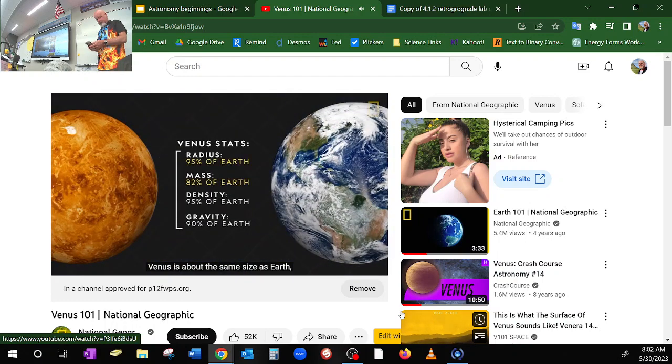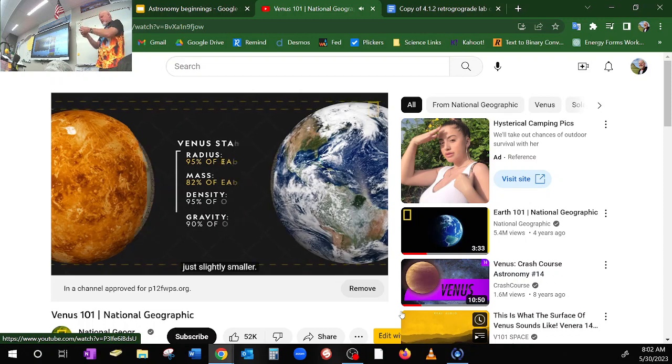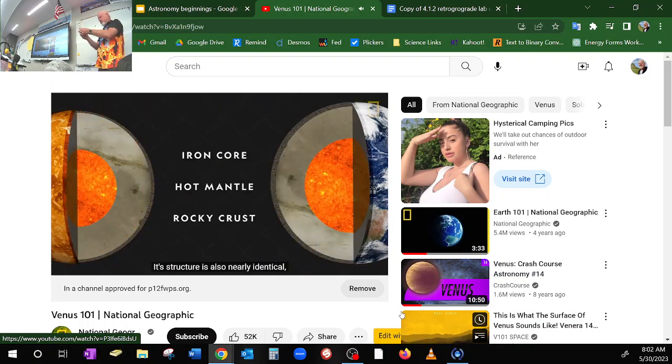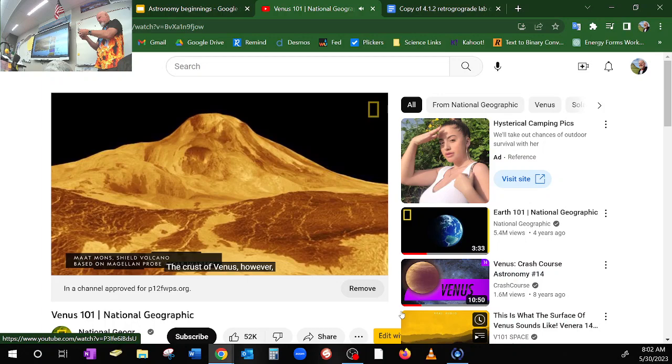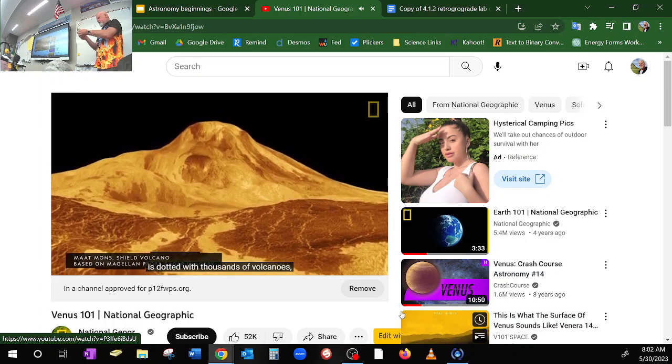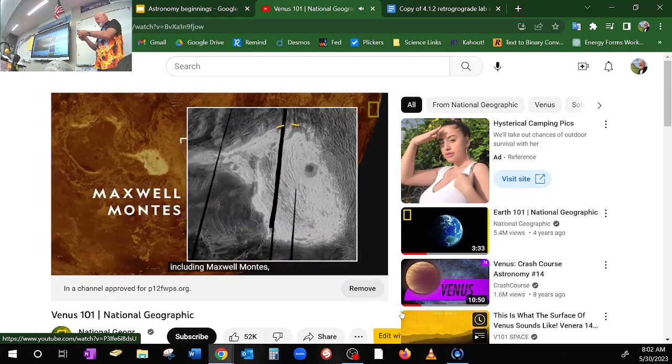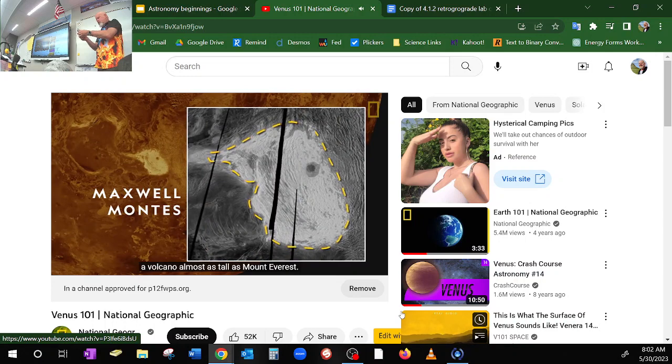Venus is about the same size as Earth, just slightly smaller. Its structure is also nearly identical, with an iron core, a hot mantle, and a rocky crust. The crust of Venus, however, is dotted with thousands of volcanoes, including Maxwell Montes, a volcano almost as tall as Mount Everest.